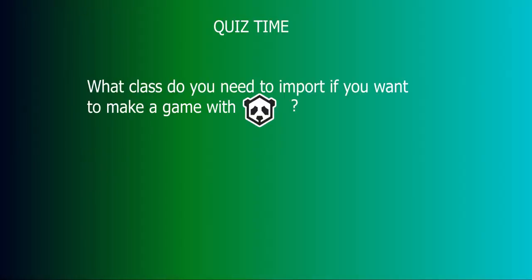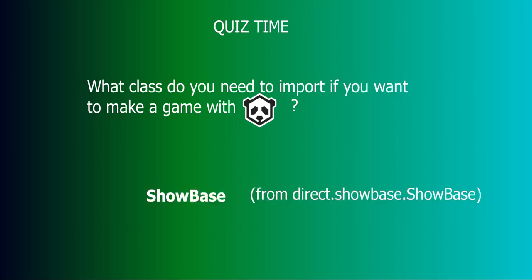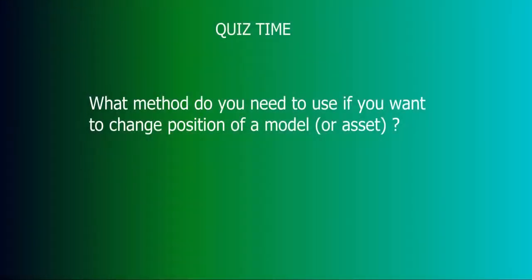And now it's quiz time. What class do you need to import if you want to make a game with Panda3D? And it's ShowBase. What method do you need to use if you want to change the position of a model or asset?